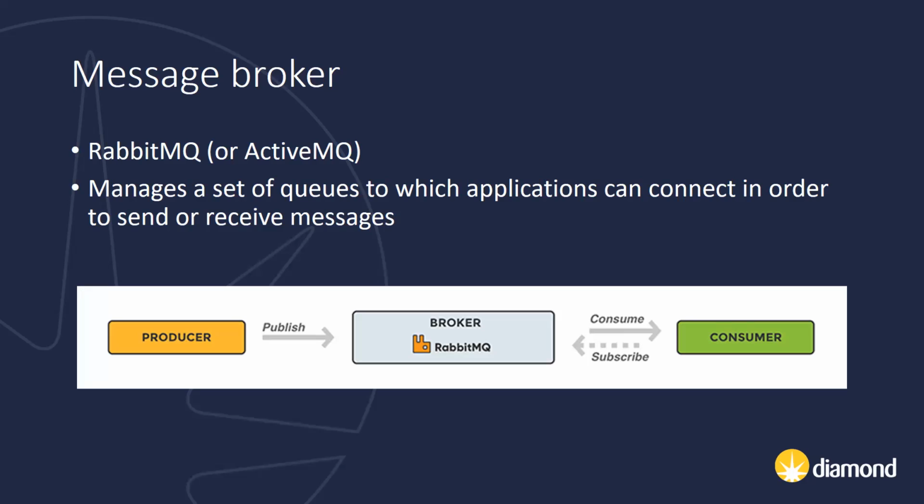So you might have different applications that produce messages, and here a message can more or less be anything. It can be some text or a binary blob of data or anything, and that is published to a queue that's managed by the message broker, and then you can connect different software to that to consume messages from the queue.